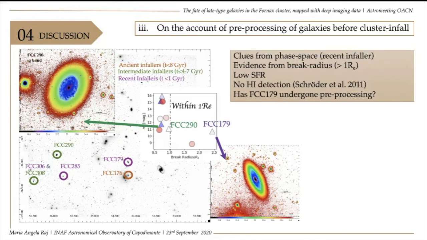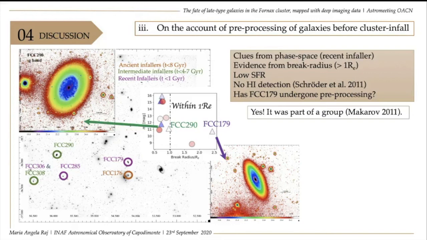So we have clues from phase space of a recent infaller. There's the break radius located beyond one effective radius. It has a low star formation rate. There's no H1 detection, and the morphology of this galaxy resembles that of a lenticular. So the question is if this galaxy has undergone pre-processing. The answer is yes. It was part of a group that recently assembled into the cluster core.